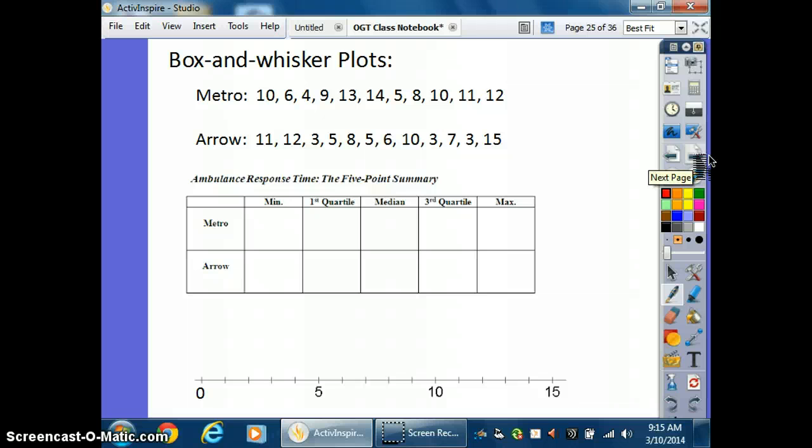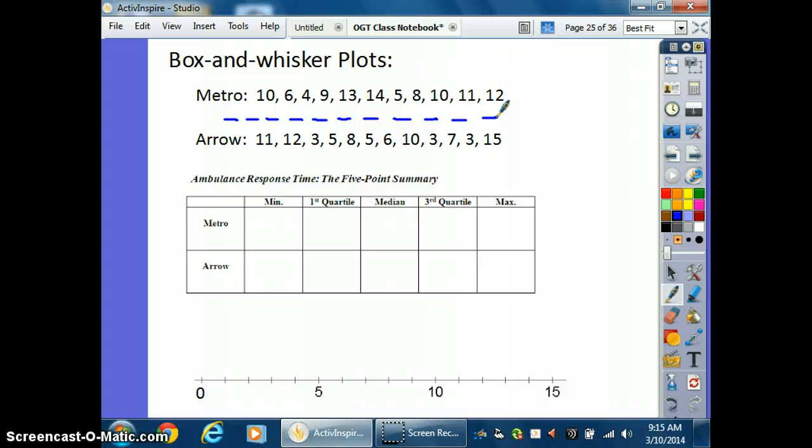Box and whisker plot. We're going to compare two ambulances, the times they take to get to the scene. So Metro has 13, I'll just tell you that, or 11 I think. So we'll put 11 spaces there. All right, and then we'll number them.